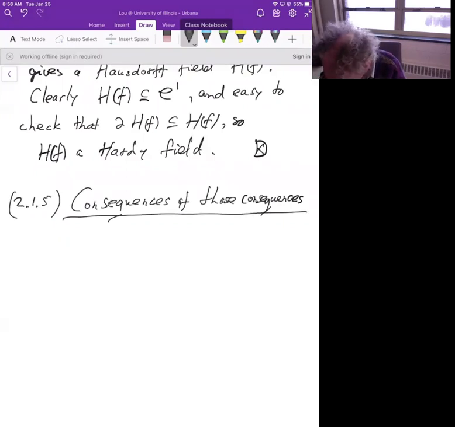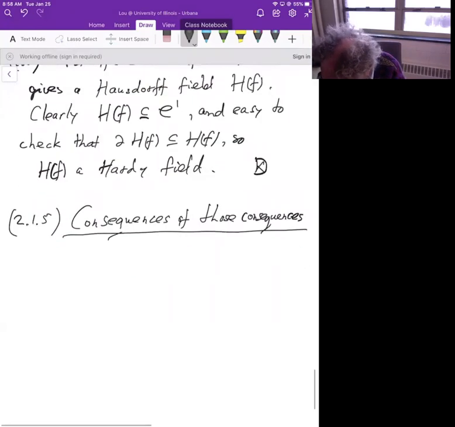I call these consequences 1, 2, 3, so let me simply continue with this numbering. First of all, because you can adjoin any real number, you can adjoin all of them simultaneously. That is a Hardy field.